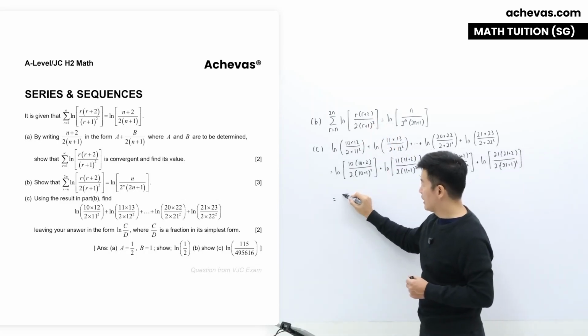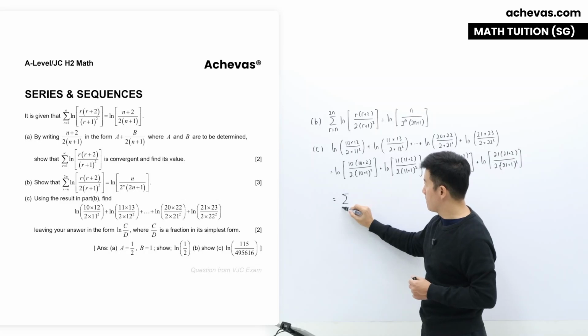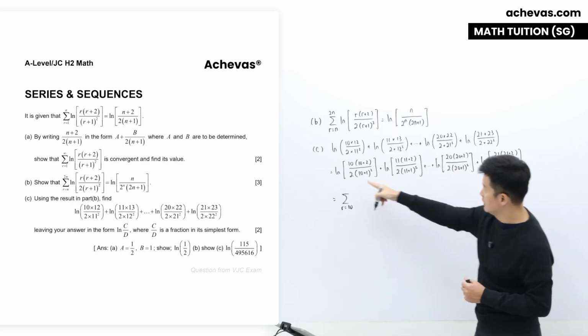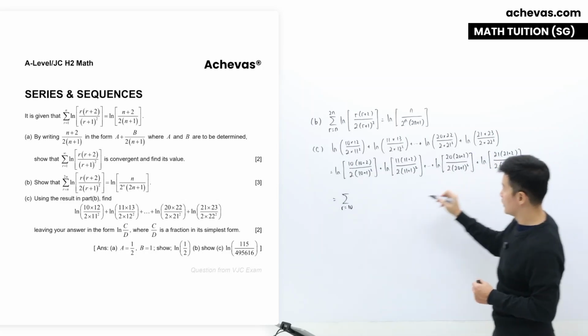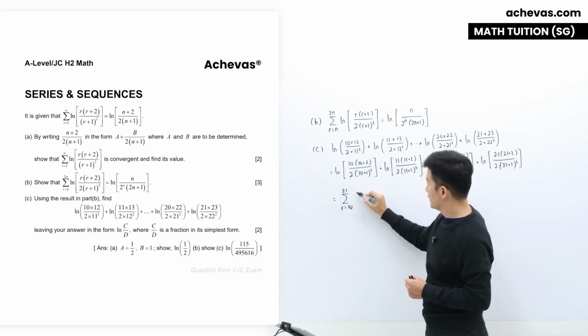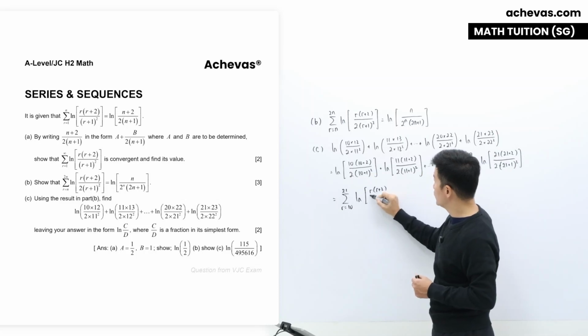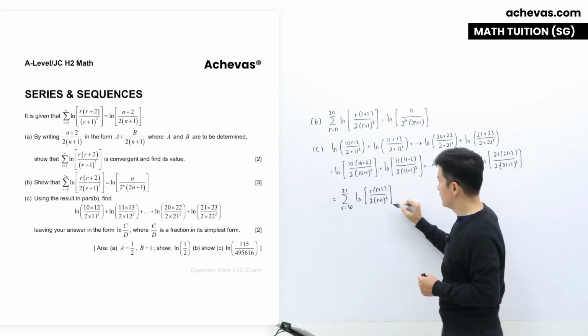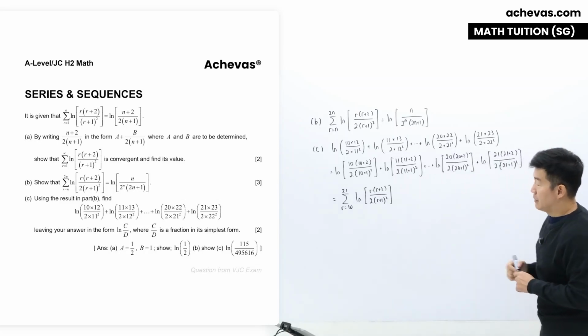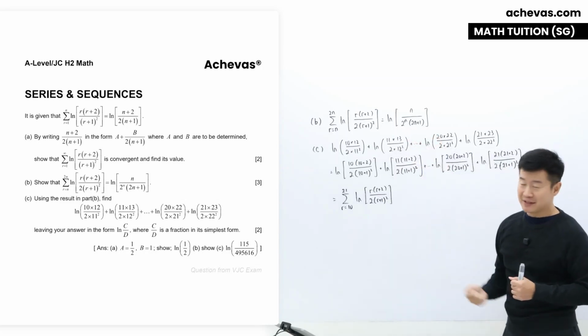So it is going to be us trying to sum from r starting from 10 all the way until 21 of ln of (r plus 2) over 2 times (r plus 1) squared.